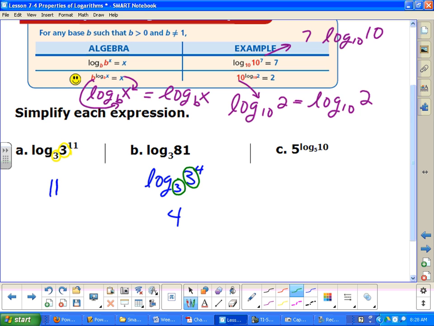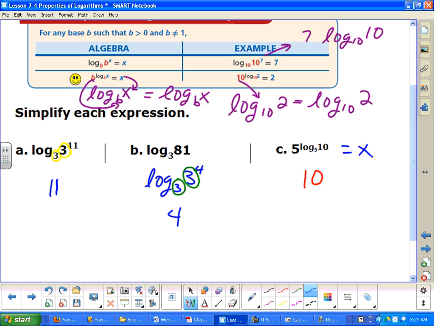And letter C, since both of these two bases are 5, the answer is 10. And so let's think of it another way for this one. I could say basically that this equals x, some unknown. So then I could change the way it looks.